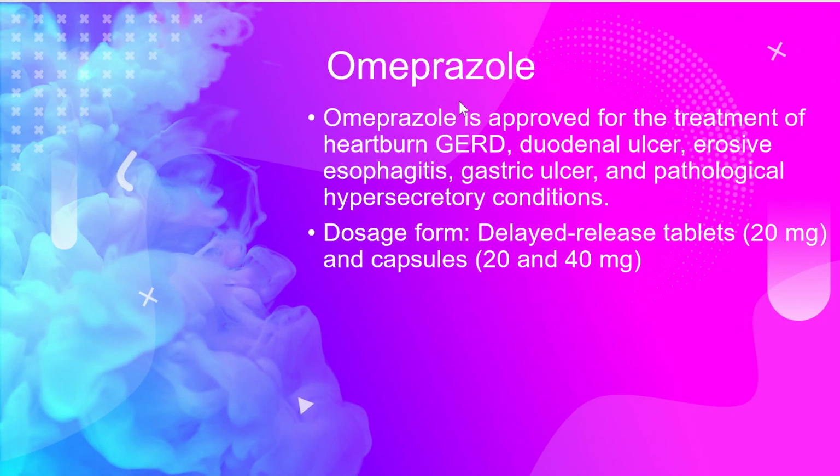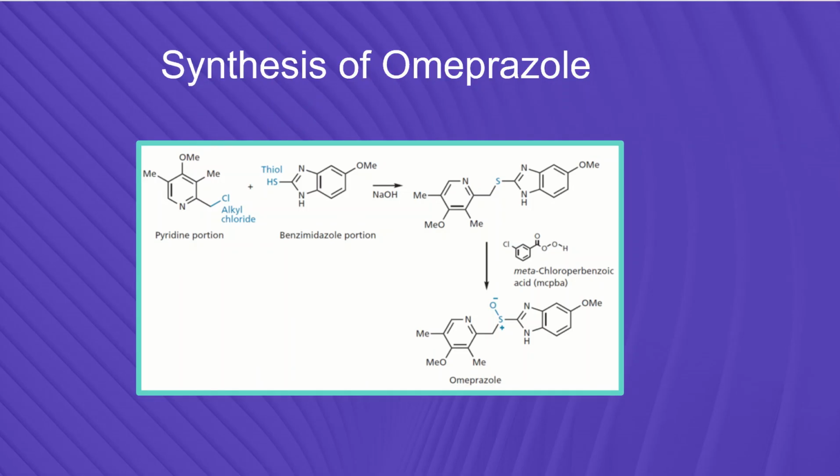So omeprazole, as we saw, is approved for treatment of heartburn, GERD, duodenal ulcers, and various ulcers, and we need to look at the synthesis of omeprazole. So we have the pyridine portion and the benzimidazole portion, and we have clearly a substitution reaction going on here with your alkyl chloride moiety here and your thiol moiety here in the presence of base.